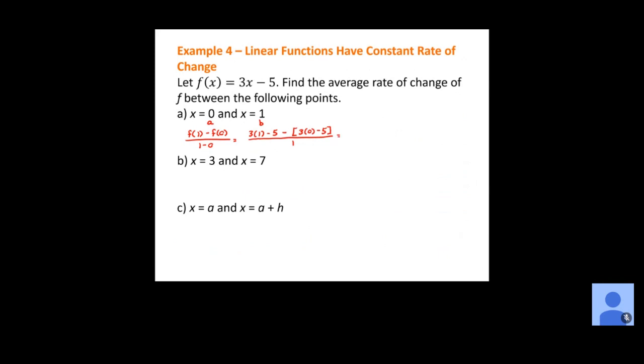Now if we simplify what we have up top, 3 times 1 is 3, minus 5 is a negative 2, minus 3 times 0 is 0, minus 5 is a negative 5, all over 1. And then we have negative 2 minus a negative 5. Remember, when you subtract a negative, it becomes addition. So this actually becomes 3 over 1, which is just 3. So our average rate of change between 0 and 1 this time is going to be 3.